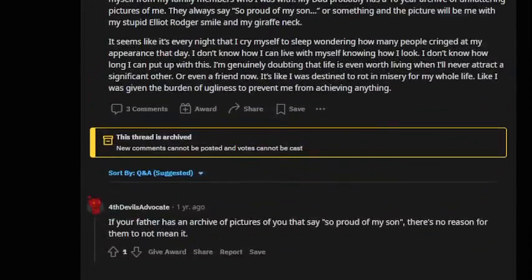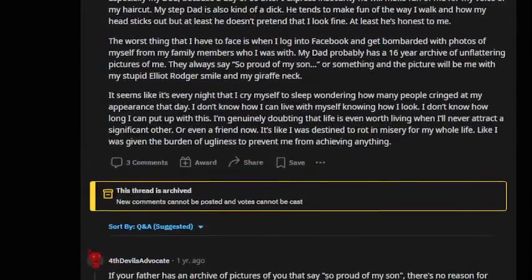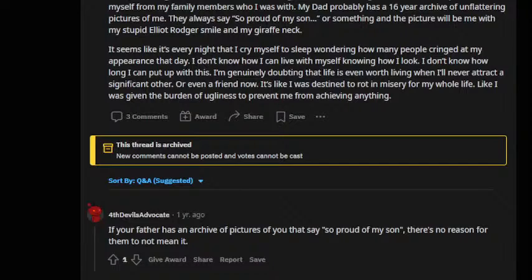Elliot Rodger's smile, my giraffe neck. It seems like it's every night that I cry myself to sleep, wondering how many people cringed at my appearance that day. I don't know how I can live with myself knowing how I look. I don't know how long I can put up with this.